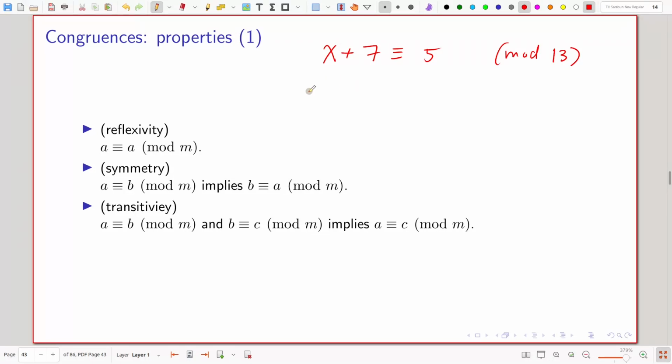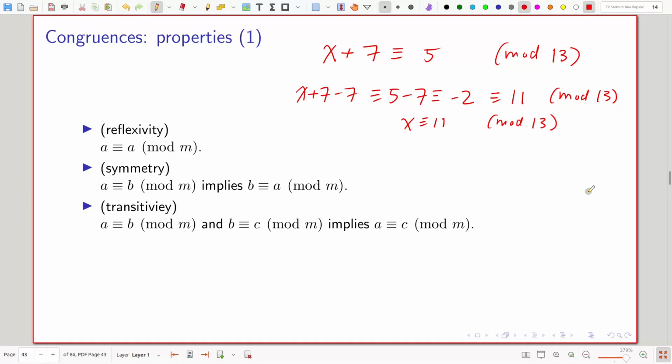So x plus 7 subtract 7 equals 5 subtract 7, and that's minus 2. But what exactly is minus 2? Minus 2 is 11 mod 13. So x equals 11 mod 13.